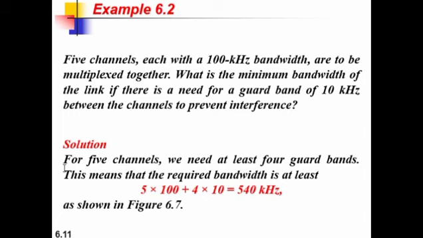There will be 4 gaps between the 5 channels. A guard band has a bandwidth of 10 kilohertz. If we use 4 guard bands, multiplied with that, we will get the sum here, 540 kilohertz, right? So this is how we can calculate the bandwidth.